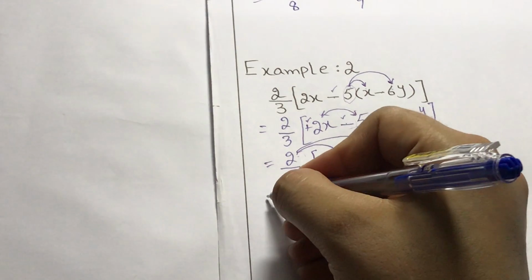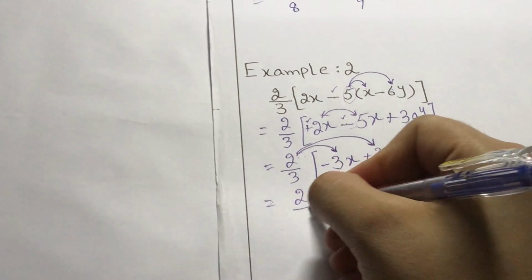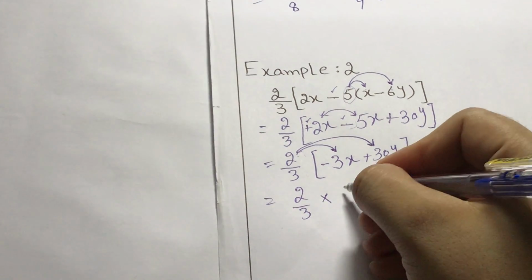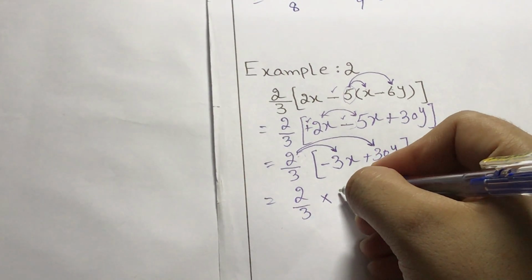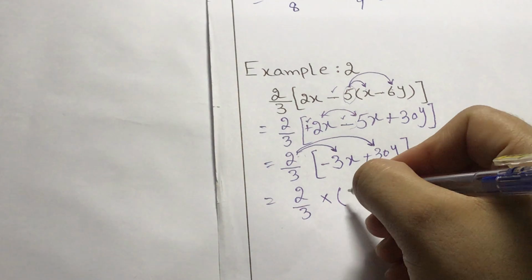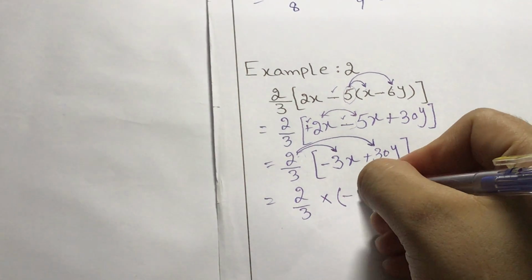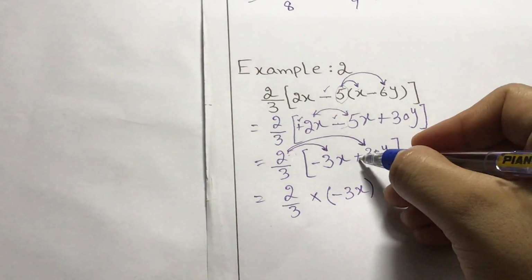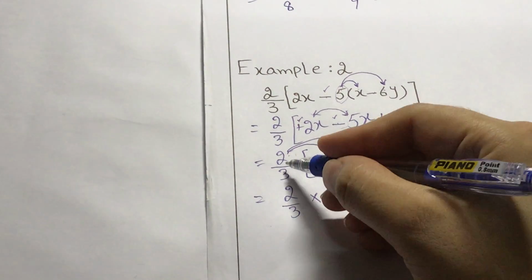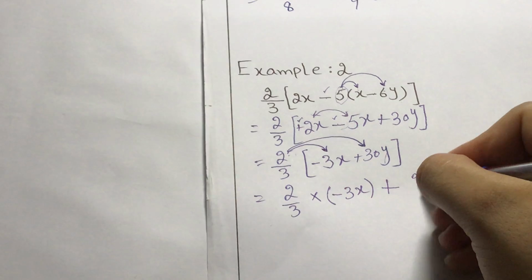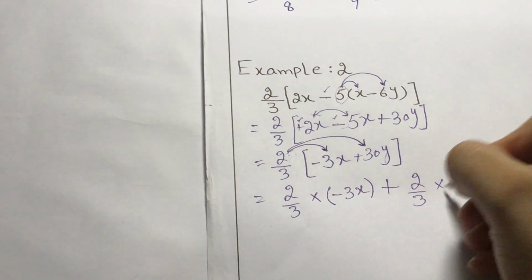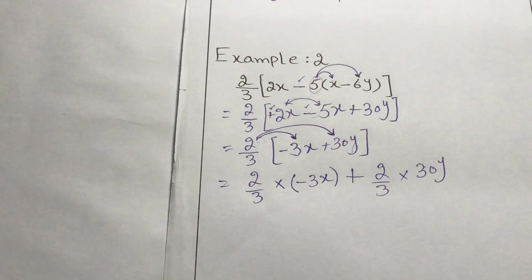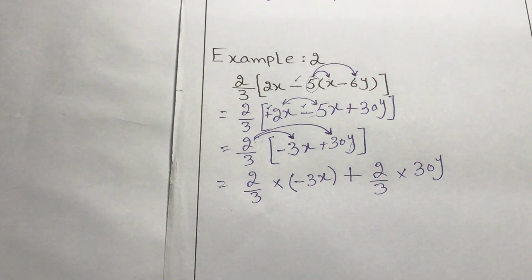We will write 2 over 3 multiplied by, here we will use a bracket because 3x is negative, right? Bracket negative 3x plus 2 over 3 will be multiplied with 30y, right? Here we are not using a bracket because 30y is a positive term.